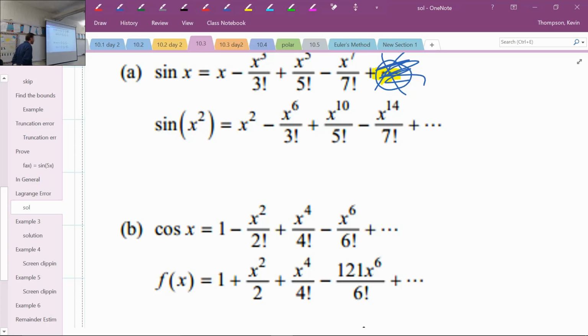Why is it over 2? Well, if you look at the sine of x squared, it's really x squared over 1, right? You substituted an x squared for an x. This is minus 1/2 x squared effectively. So plus 1x squared minus 1/2 x squared plus 1/2 x squared.